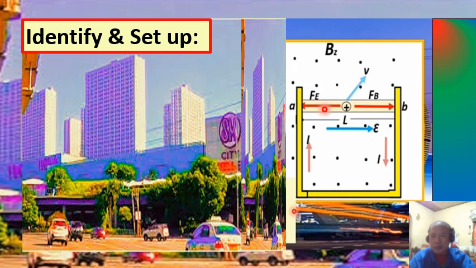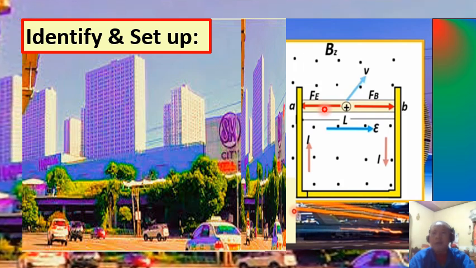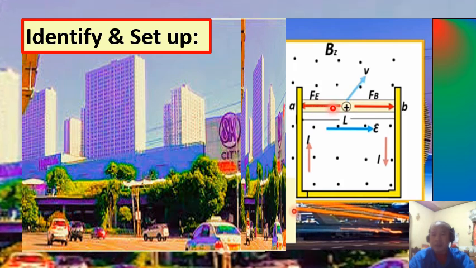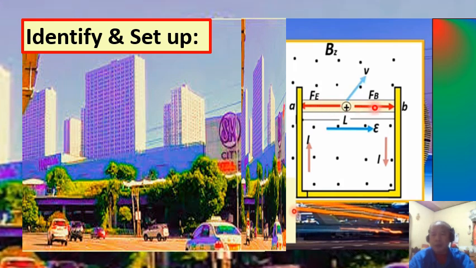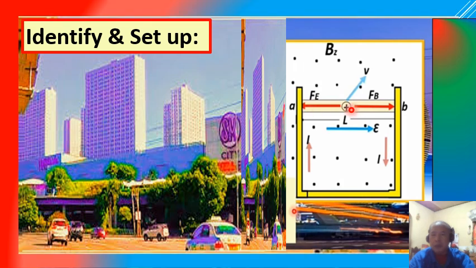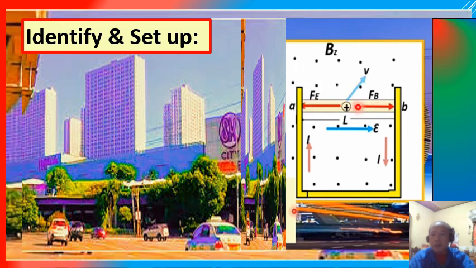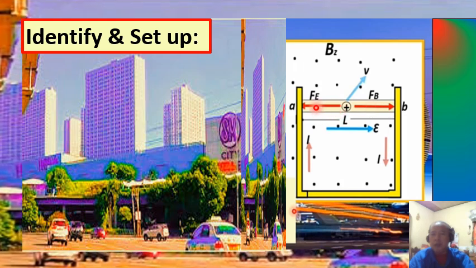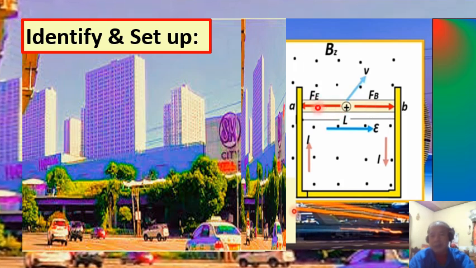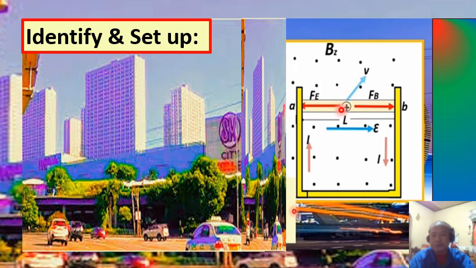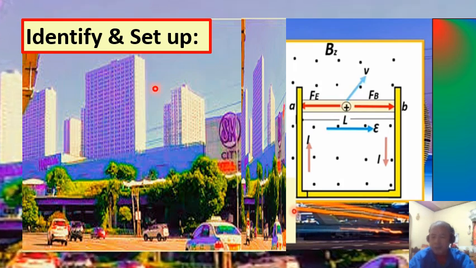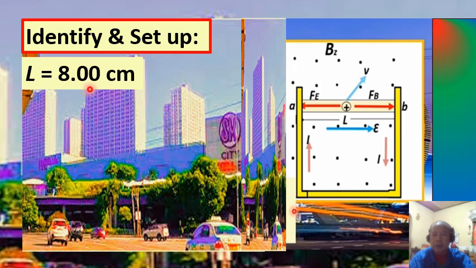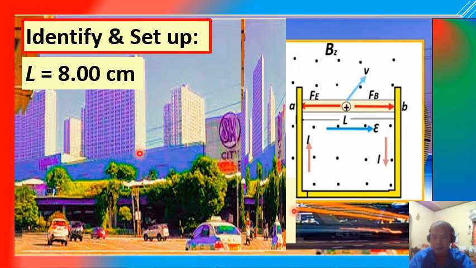And when enough electric field is established within the rod, we will come to a point when the magnetic force F_B is just equal to the magnitude of the electric force F_E, right? We are given the length of the rod, capital L, equal to 8.00 centimeters.